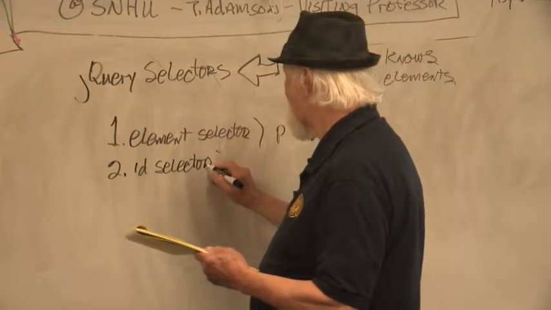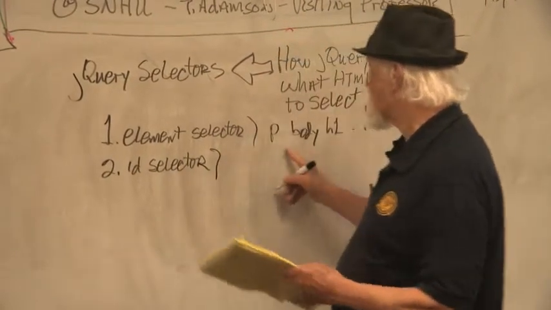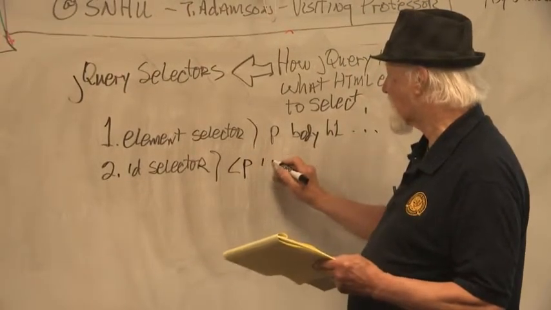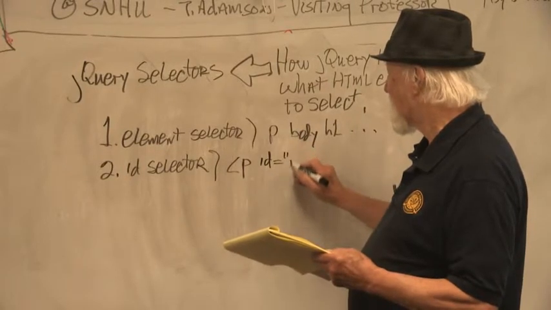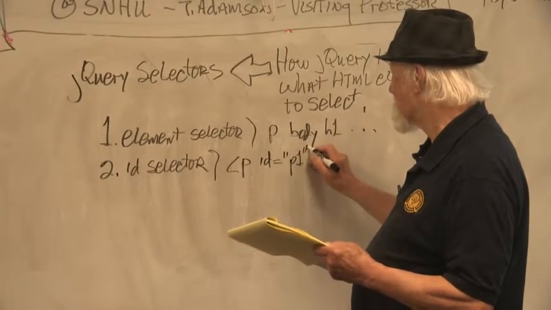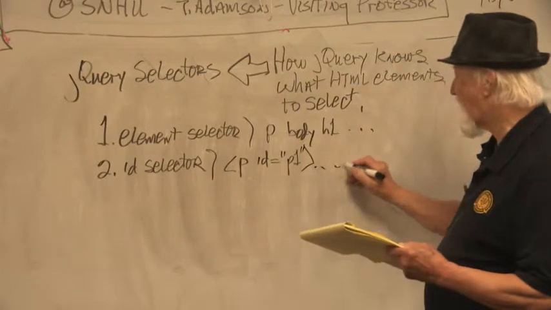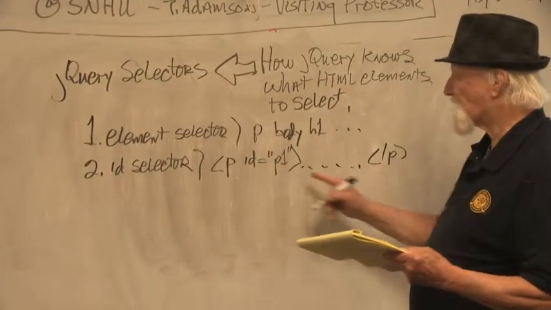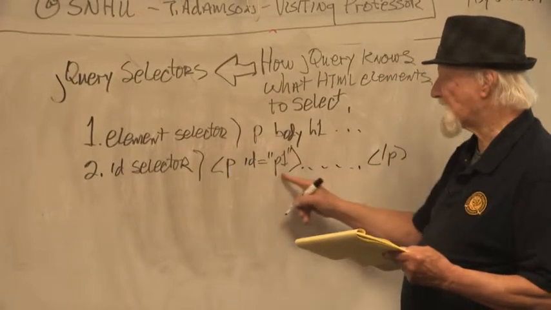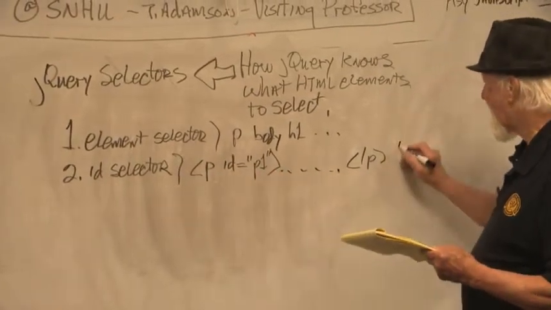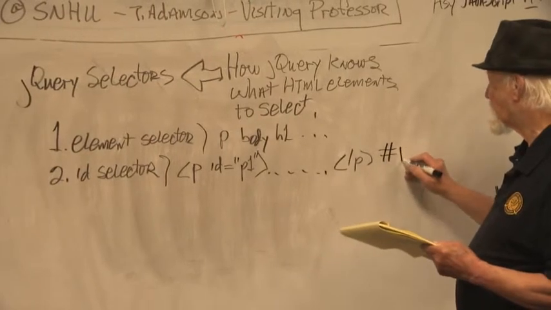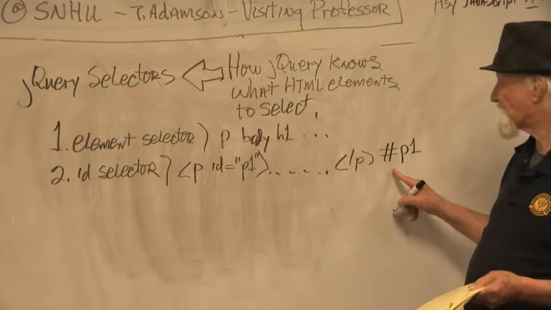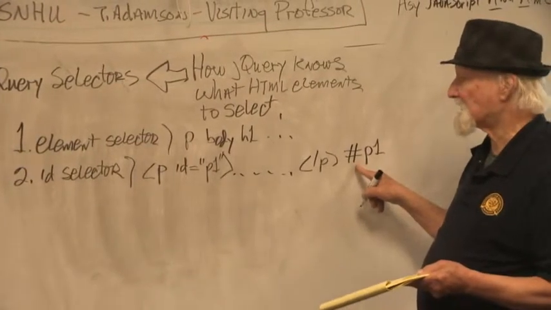And if you recall, an ID selector was an attribute inside an HTML element. I could have paragraph and I could have ID is equal to, say, P1 for paragraph 1. And that's in my opening tag. Then I have my content here, and there's my closing tag for the paragraph. So this one here would use the ID selector. And when I use that, I have to have a pound sign and then P1. You recall the pound sign indicated in cascading style sheets that this was an ID selector.